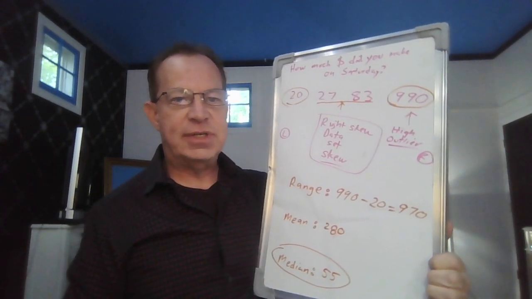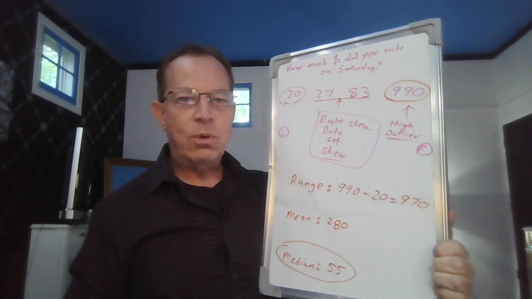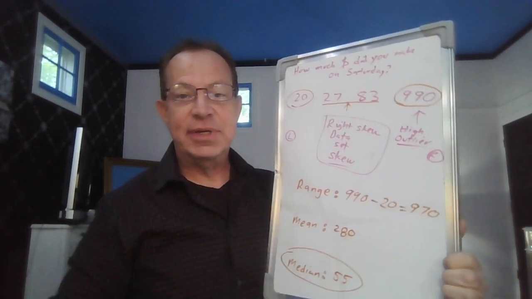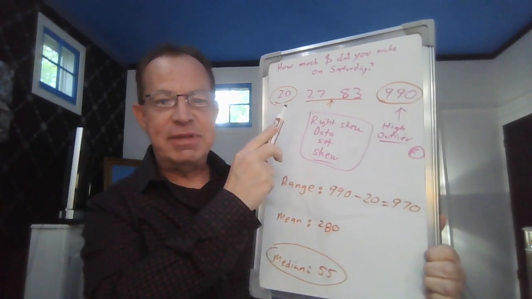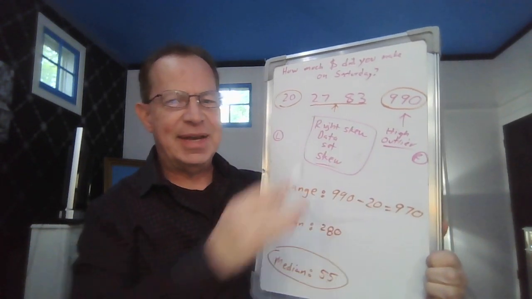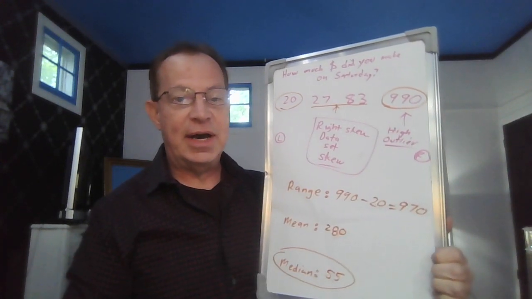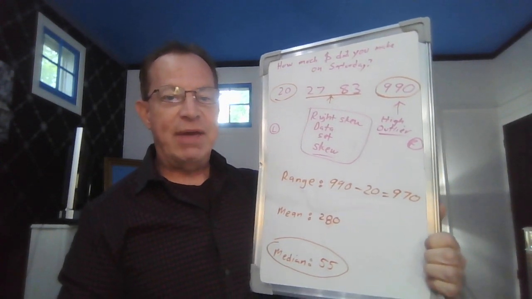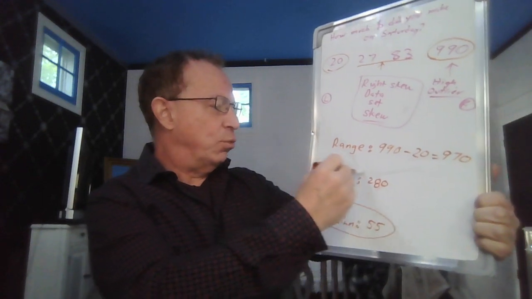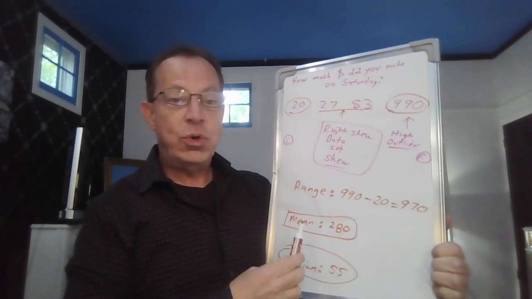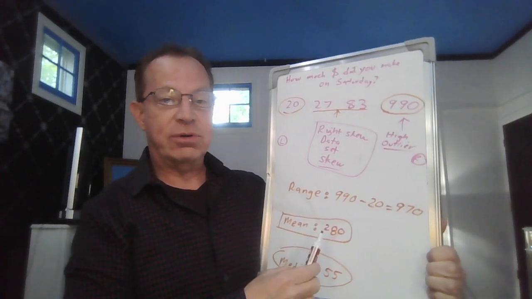So what you might ask yourself is, what would an average person make on a typical day? Now, it seems as if these three people each made less than $100, and somebody made off with $990. And so if you ask the mean, it would say, well, if you take this job, whatever this job is, you could expect to make $280.